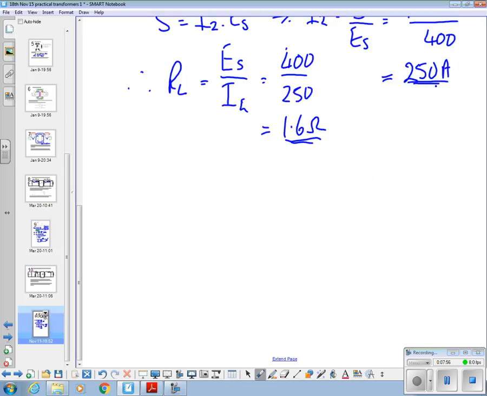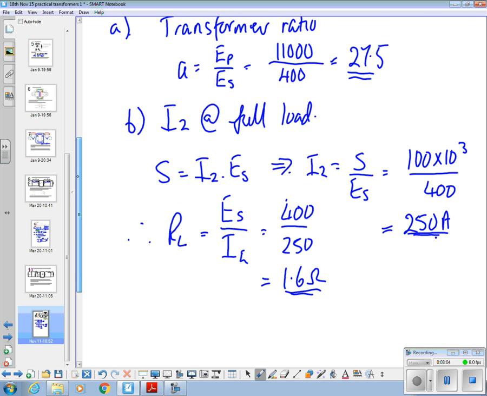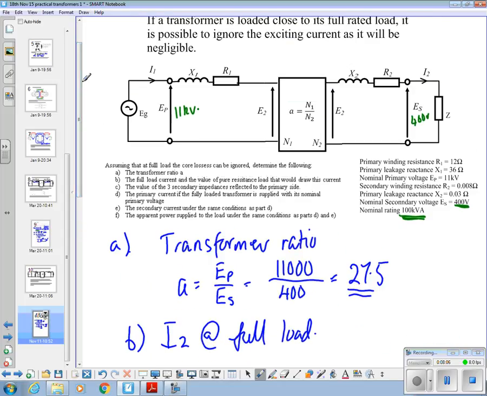So we've now determined that if we're going to analyse this full load condition, we've got 1.6 ohms connected to there.